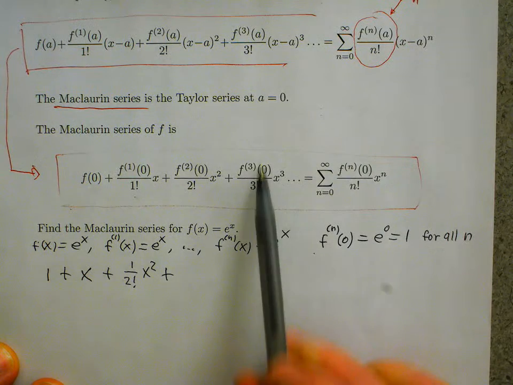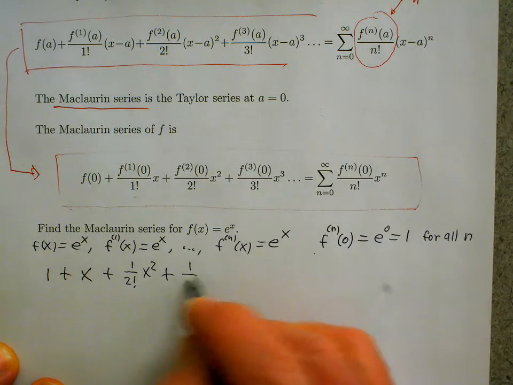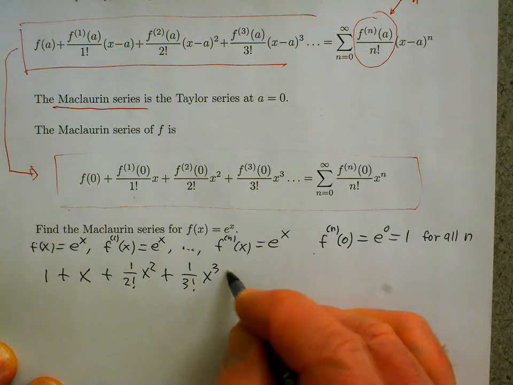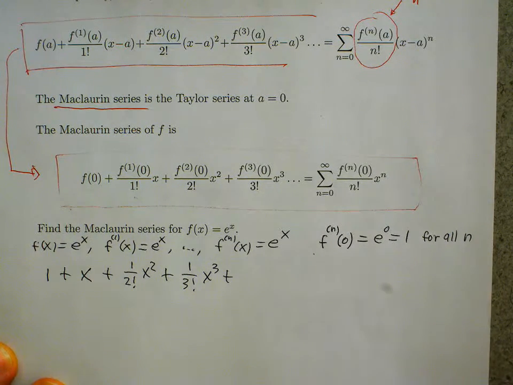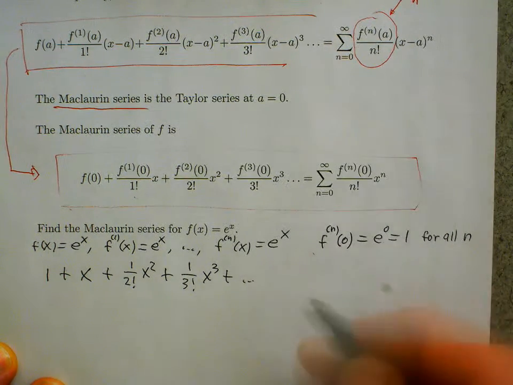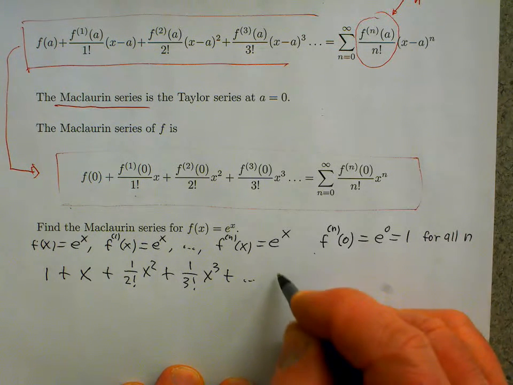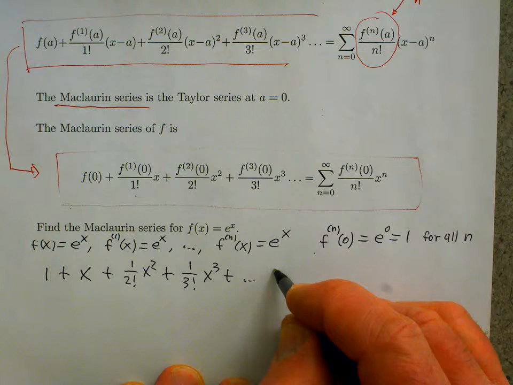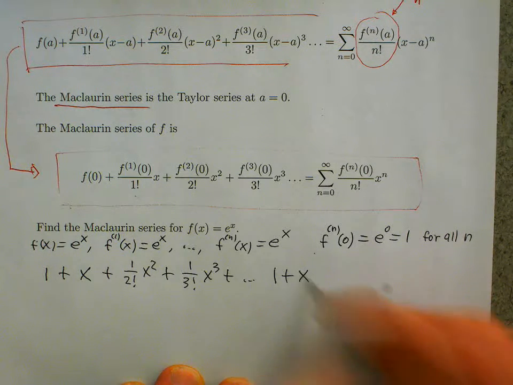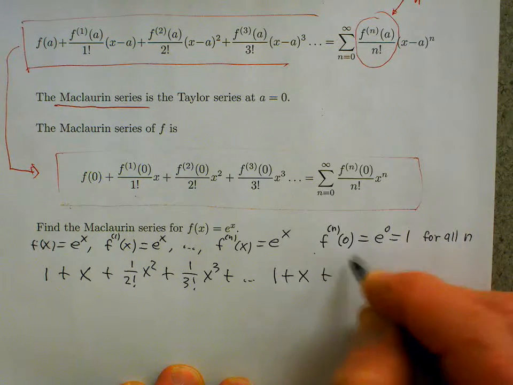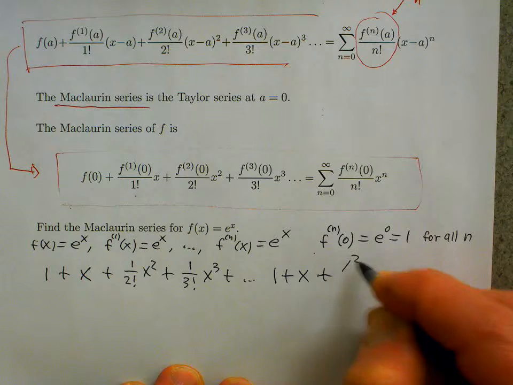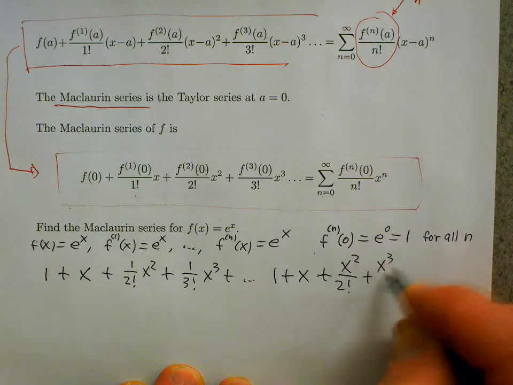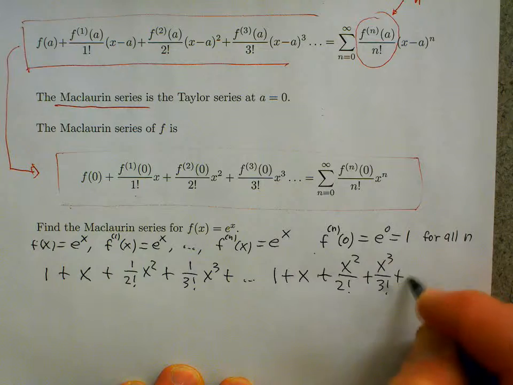And then plus 1 divided by 3 factorial times x to the third. And you get the picture. So we can write it, well, it might be more convenient to write it 1 plus x squared over 2 factorial plus x to the third over 3 factorial, and so on.